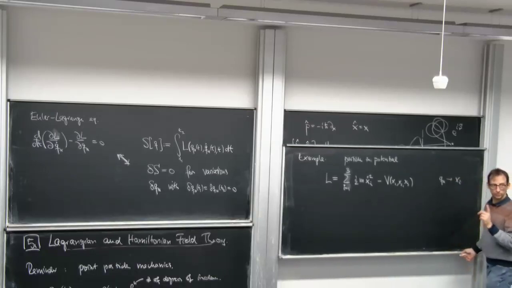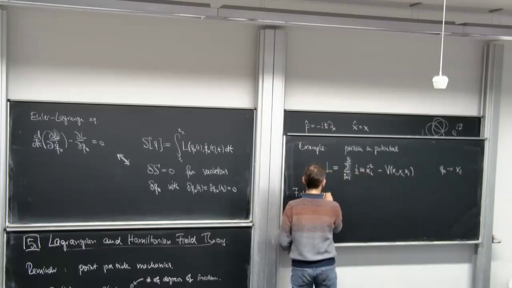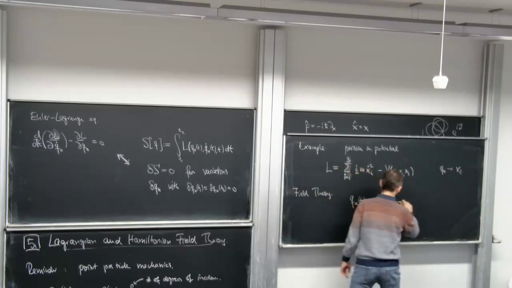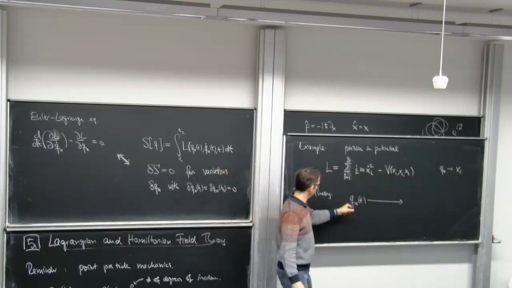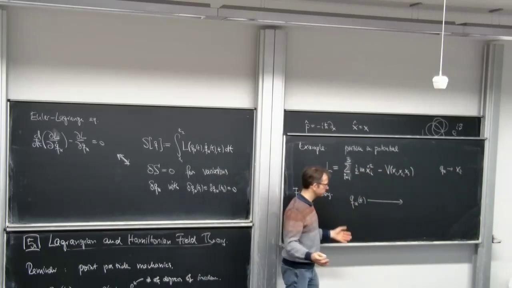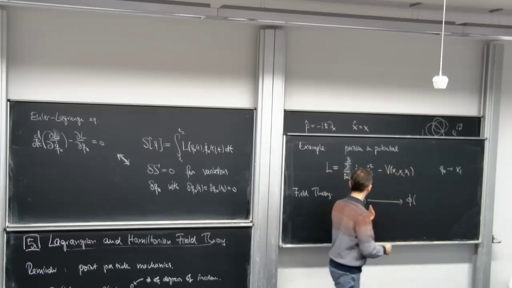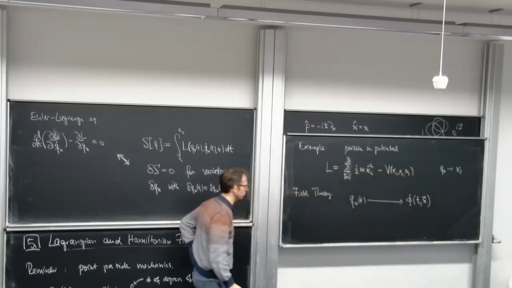And now let's go to field theory. What do I do with this? I count the degrees of freedom, and then they can change in time. If I have a field phi, well, the field is a function of space-time, and I can write it like this, time and space.